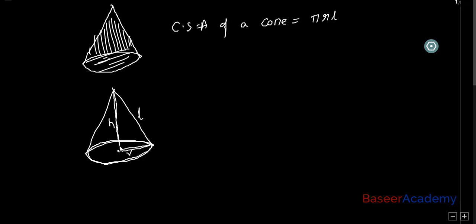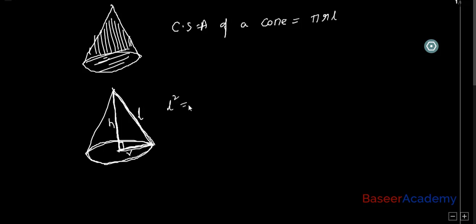This h that you see here is our perpendicular height, represented by the letter h, and this line that you see here is the slant line, represented by the letter L. Now if you carefully look at this triangle, h, r and L form a right angle triangle, and in a right angle triangle we can apply the Pythagoras theorem, right?